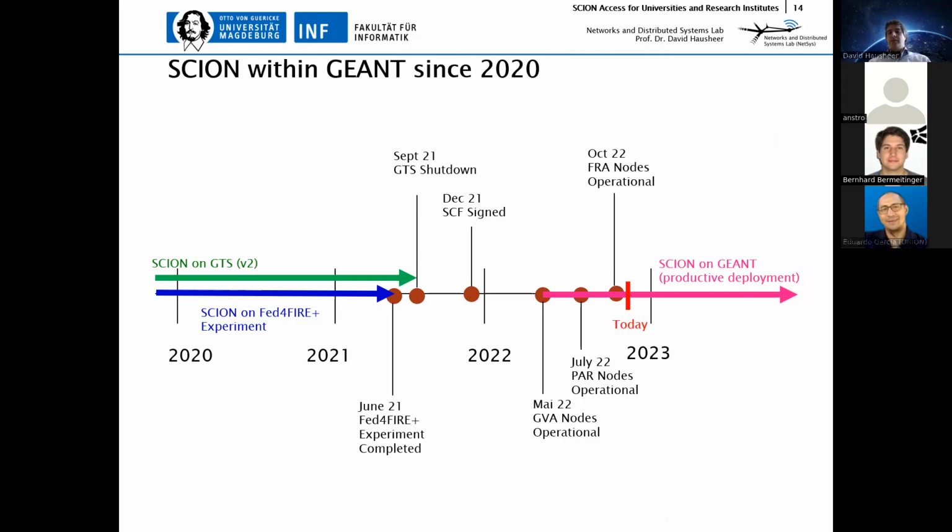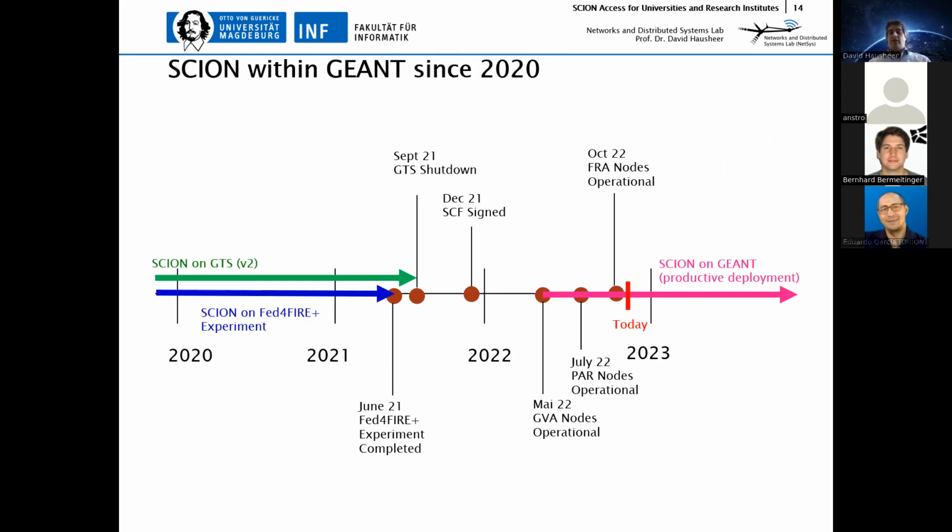Now, what we have done since these early deployments back in 2020, as some of you may know, the GÉANT testbed service was shut down in September last year. And so it really became a necessity, in order to deploy SCION further within the GÉANT infrastructure, especially at the production grade level, to think about what types of opportunities exist to do so.